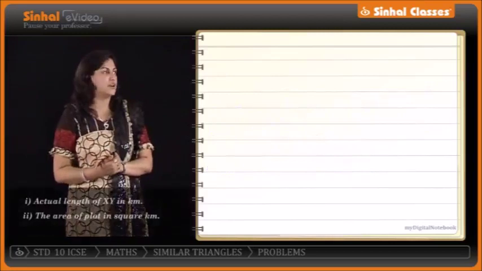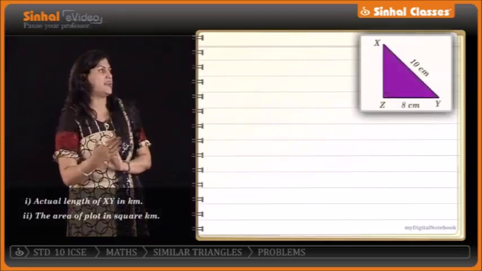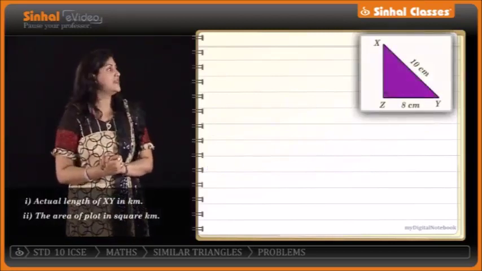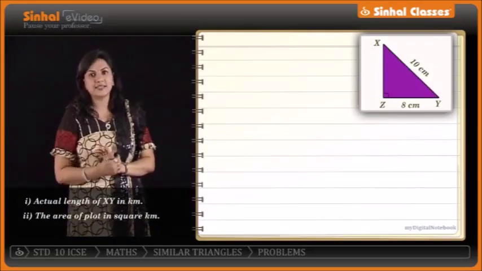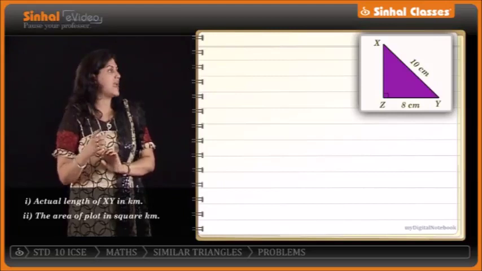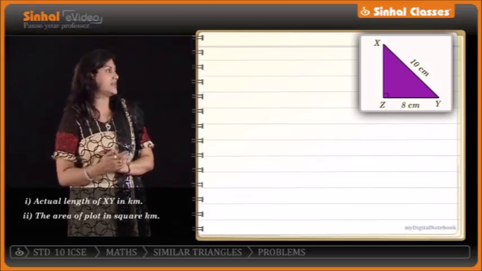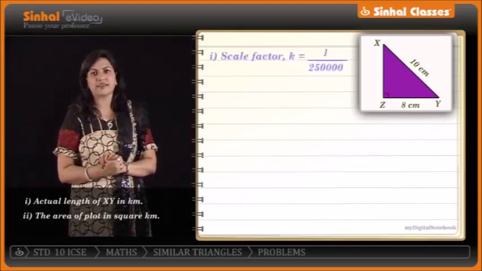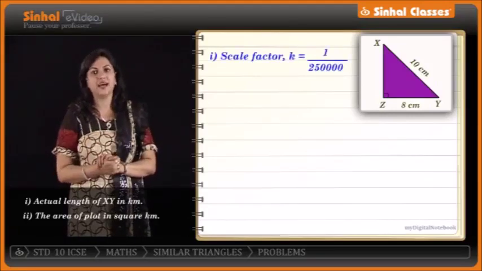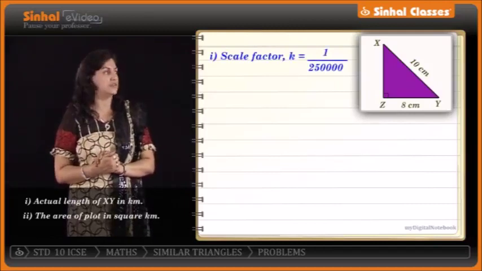Now let's draw the figure first. XYZ, we draw the triangle such that xy is 10 cm, angle z is 90 degrees, and yz is 8 cm. Now here the scale factor K is given as 1 is to 2,50,000.